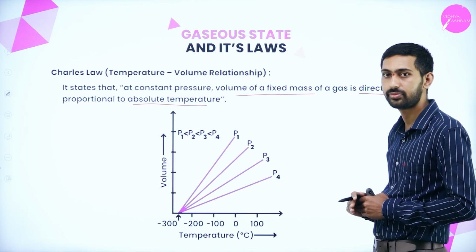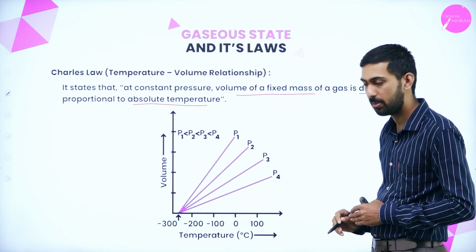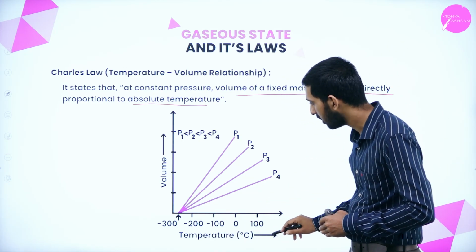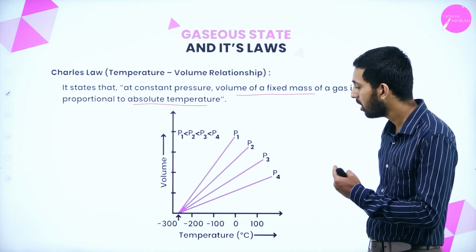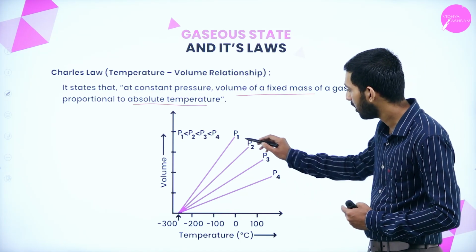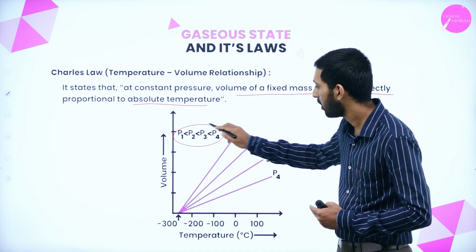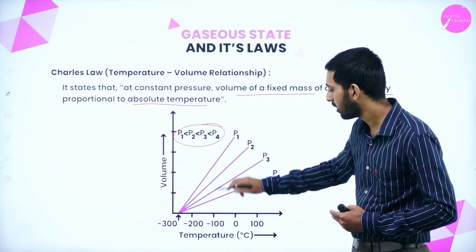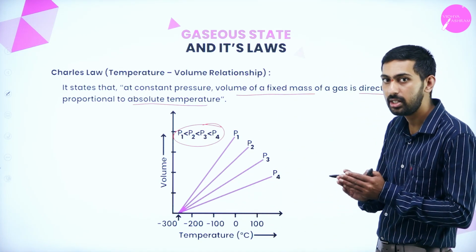We should know this. Here you see pressure and temperature. What will happen as temperature increases? P1, P2, P3, P4 have been given. We have to keep constant pressure.